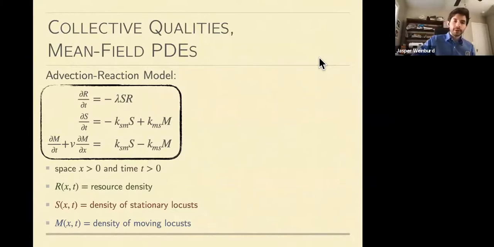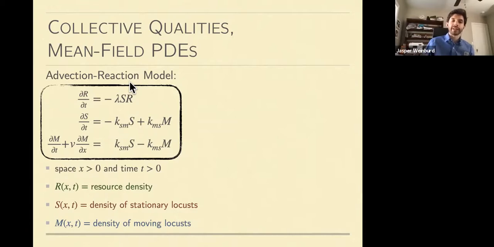So we derived an advection reaction model, which is analogous to our agent-based model. Quick aside, I'm not in the business of proving correspondence here, but we do study that numerically. So the R equation, the important thing here is resources are just decreasing.